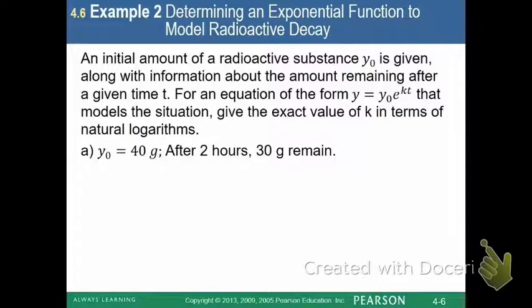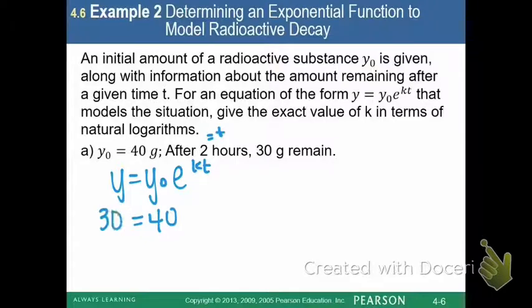So the first thing it gives us is y sub 0. So again, I'm just going to copy down the equation here. So y sub 0 is 40. 2 hours, so that would be time. And then this 30 is what remains. So I'll have 30 equals 40 times e to the k times 2.